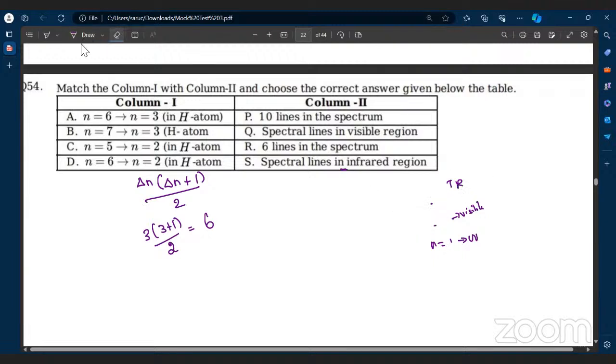So next, I can match this with R and S for A. N equal to 7 to N equal to 3: 10 lines. 4 into (4 plus 1) by 2 is equal to 10. So 10 lines. And what will be the region again? Infrared. Yes, infrared.